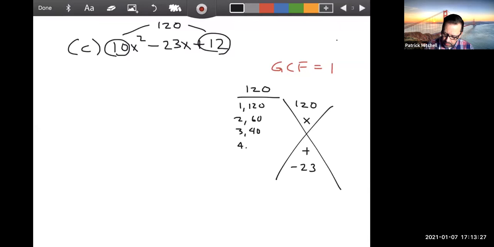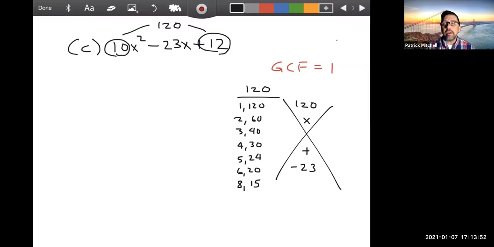It's 30. Ask the calculator, what's 120 divided by 5? It's 24. We got 6 and 20. Calculator would tell you that 120 divided by 7 is a decimal, so we're not going to use that one. But look at the next one. 120 divided by 8 is 15.